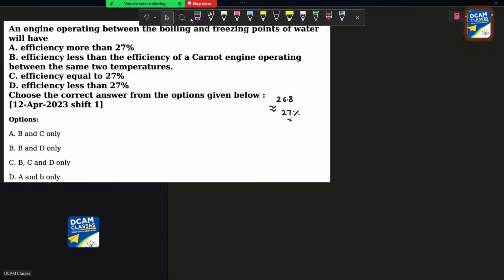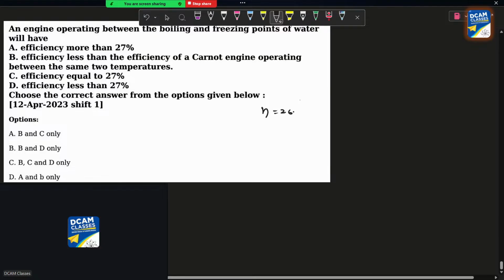Correct? Do not approximate it. Your efficiency is 26.8, na? So correct, it is less than 27. So the correct options are either B or D. B and D only. B is the right answer.